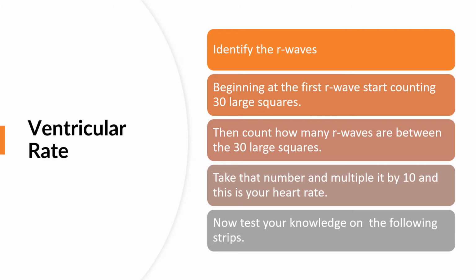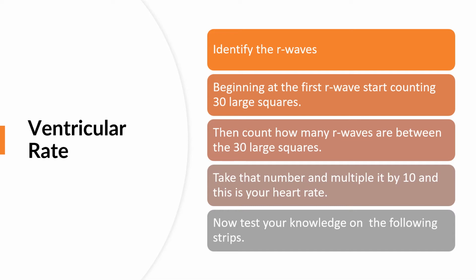We're going to now identify our ventricular rate, identify your R waves. That's where your ventricles are contracting. Begin at the first R wave. Start counting your 30 large squares because you have a 6 second strip.